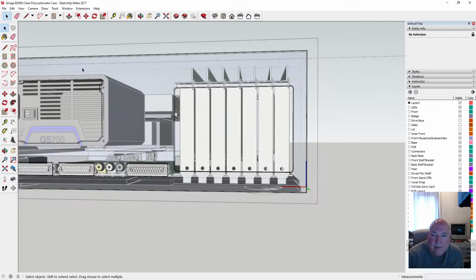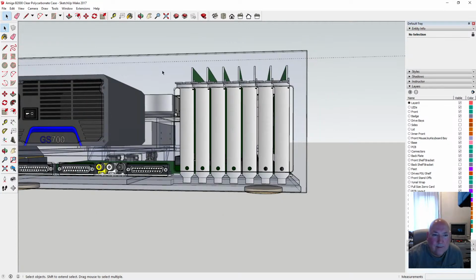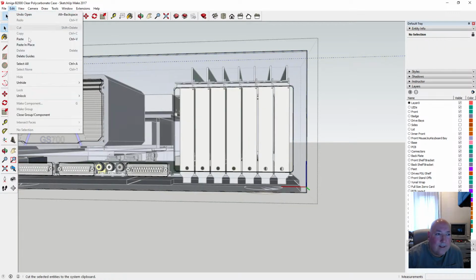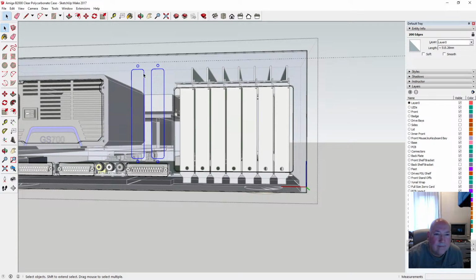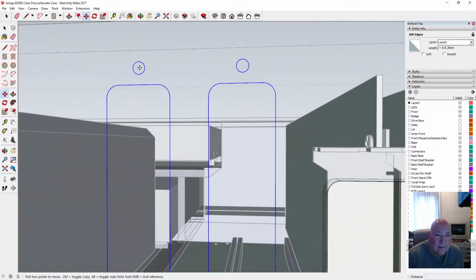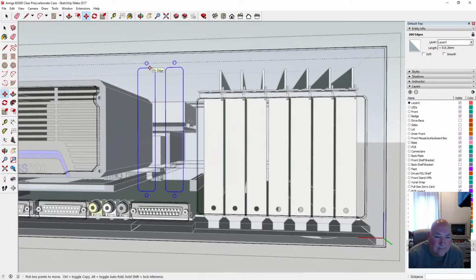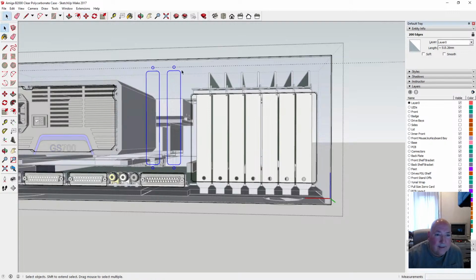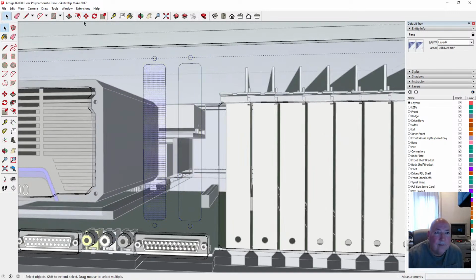Hang on, which one am I on? Same one. Hang on. Paste it in place. And we've got to move it up. To there. Right, and then we've got to push it through.